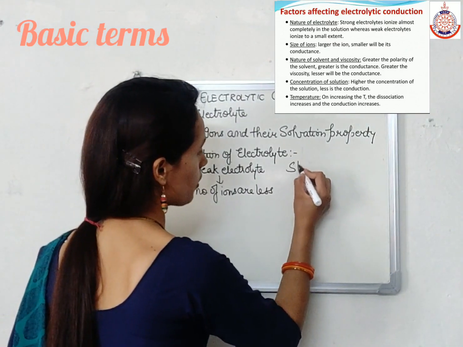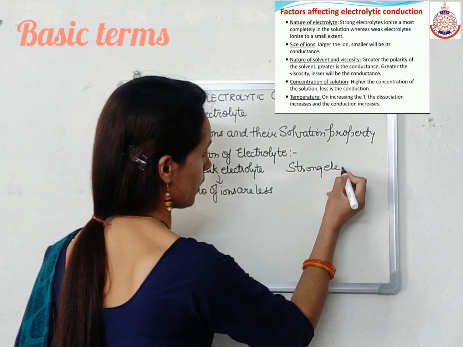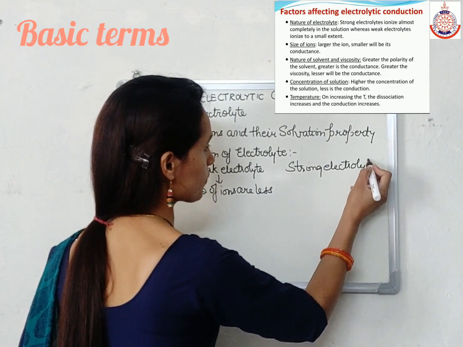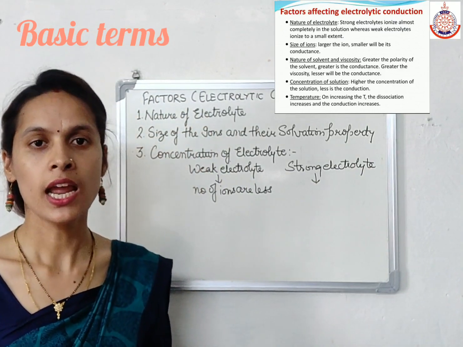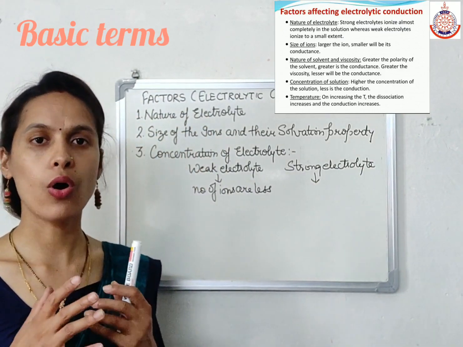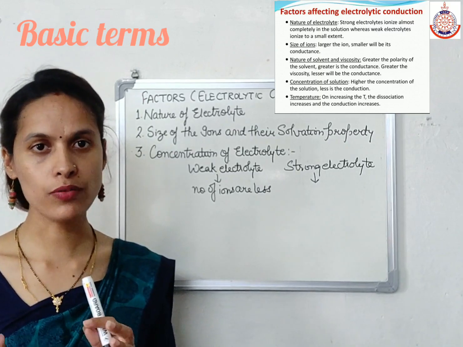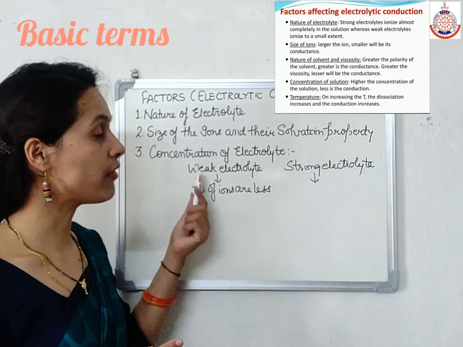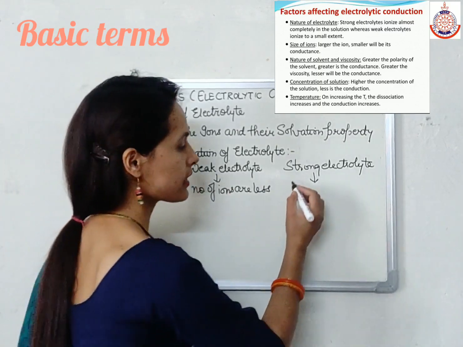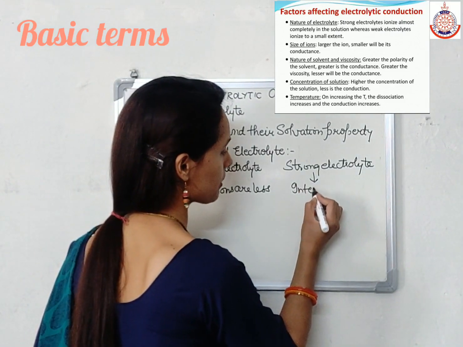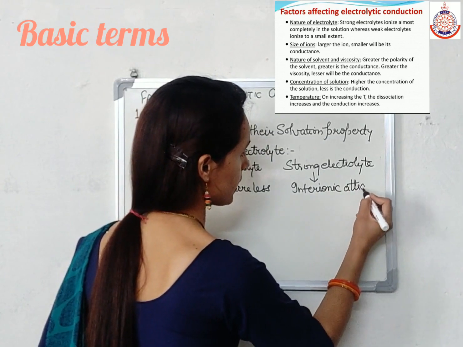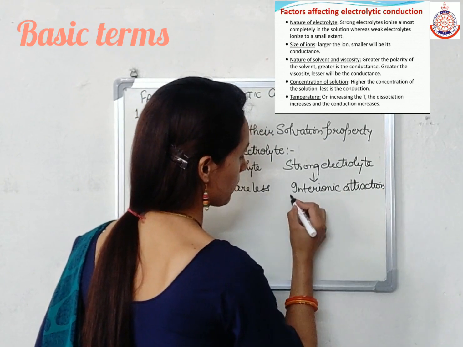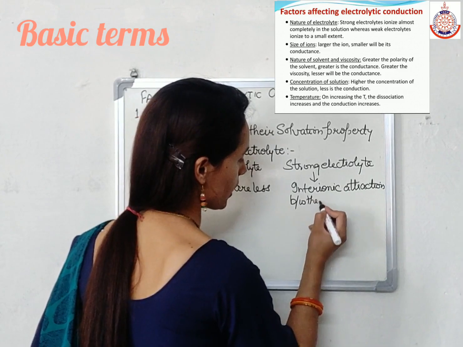Now if I talk about a strong electrolyte, whether we have higher concentration or less concentration, in both cases all the molecules are present in the form of ions. But if we have high concentration, then there is interionic attraction between the oppositely charged ions.